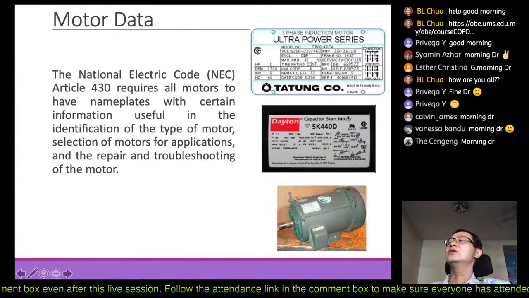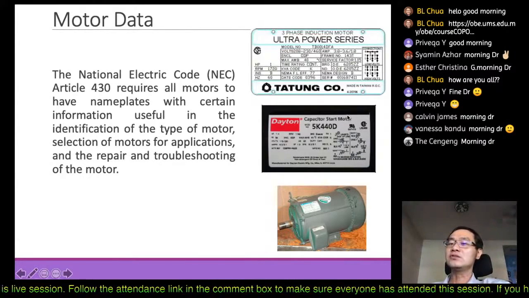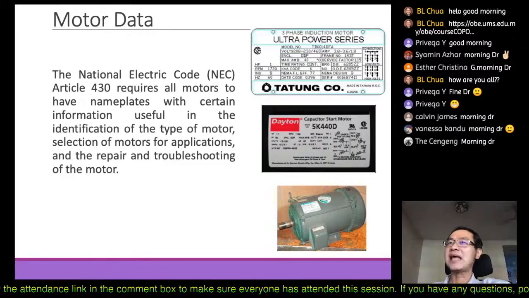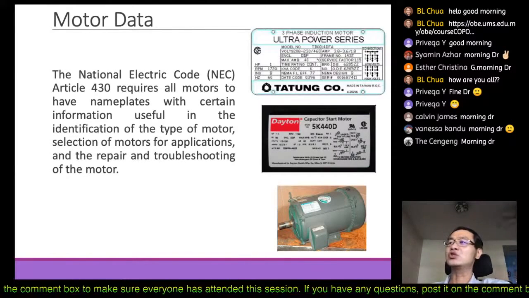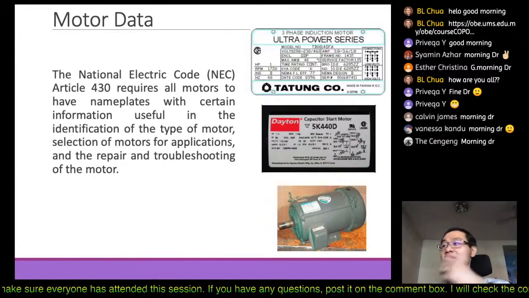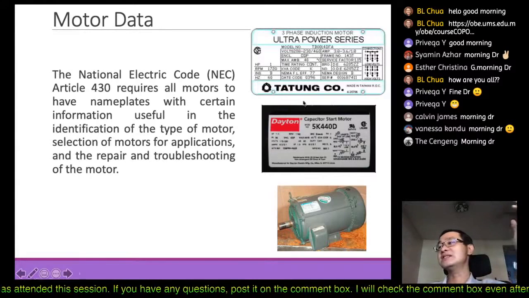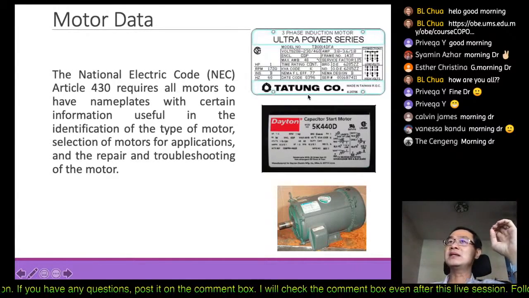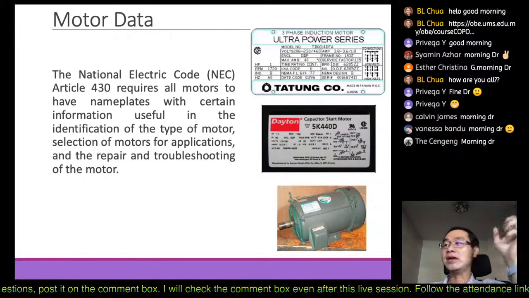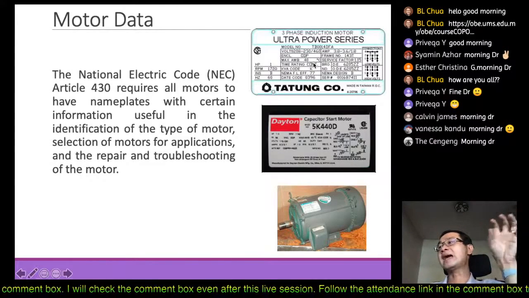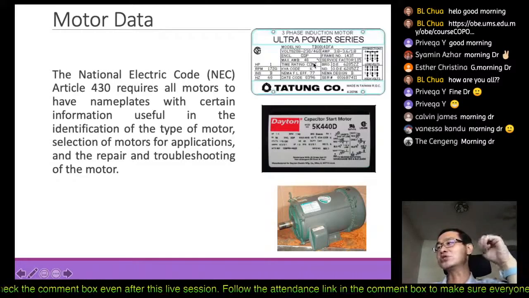If the motor is faulty, as an engineer, you can plan to select a new motor, if this motor is no longer available, or maybe the motor is not suitable anymore. So from there you get an idea on what numbers to start with.